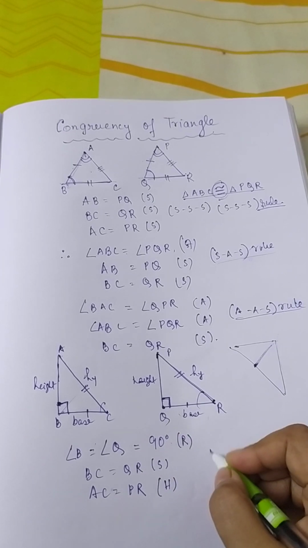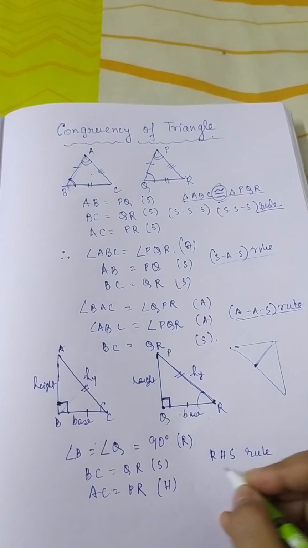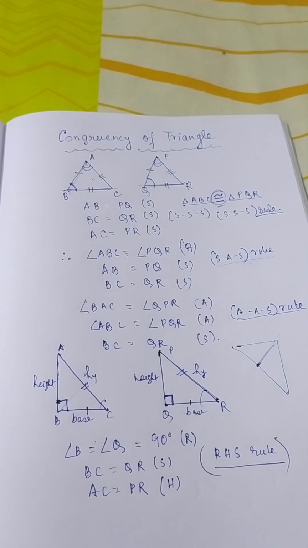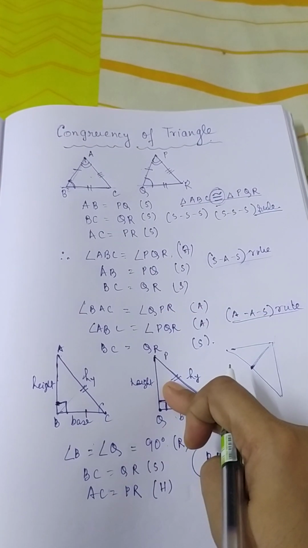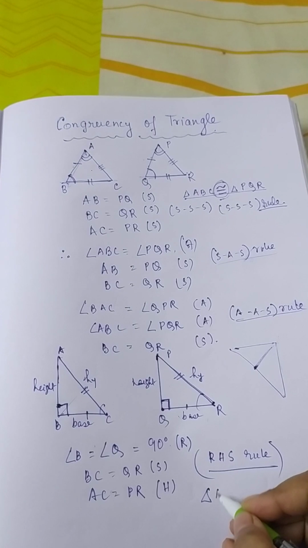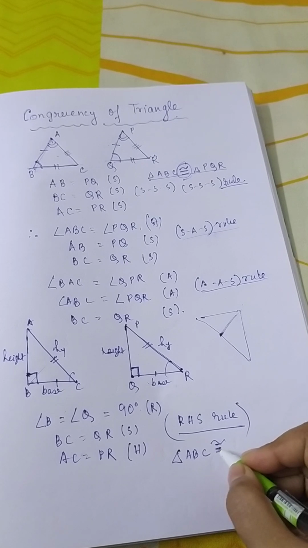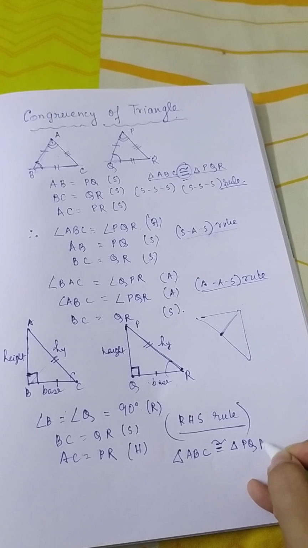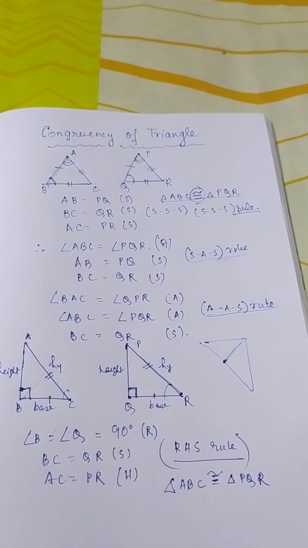So it is the RHS rule: right angle, hypotenuse, side. In that case also we can tell that triangle ABC is congruent with triangle PQR. So these are the basic few rules of congruency of triangles on which we will solve some geometrical numericals.